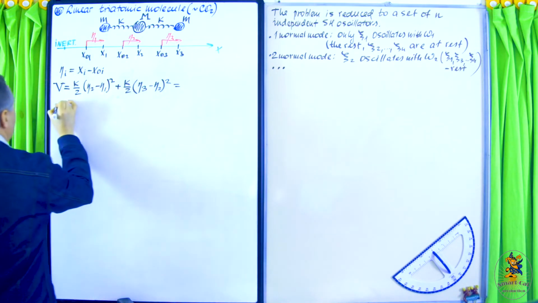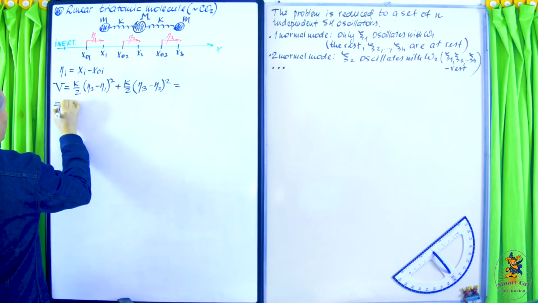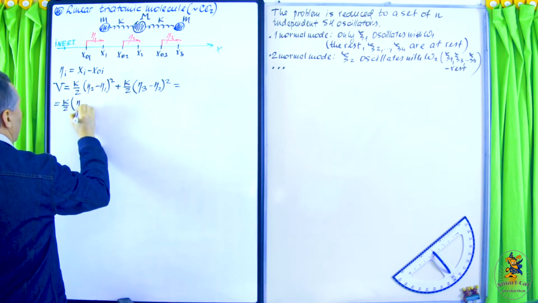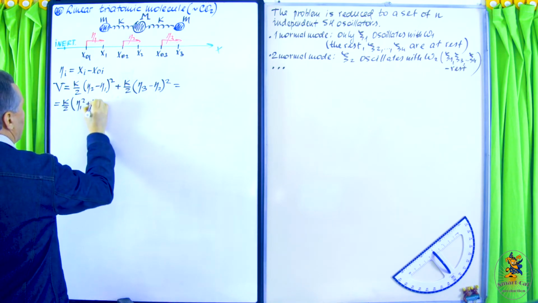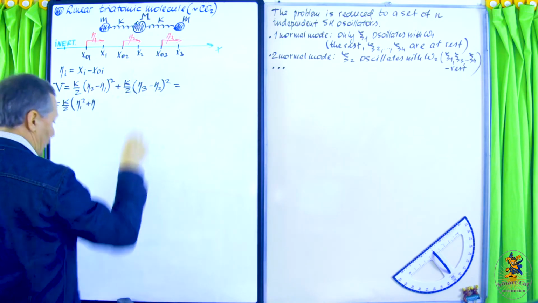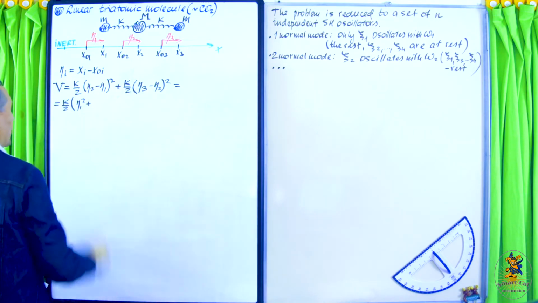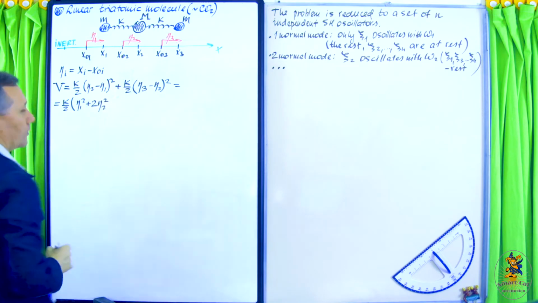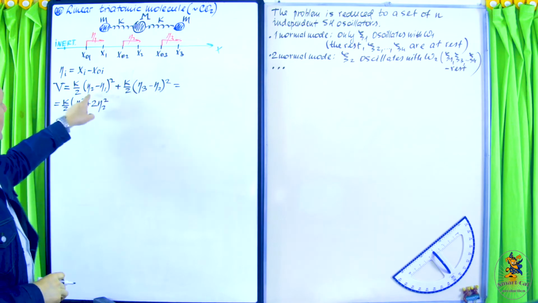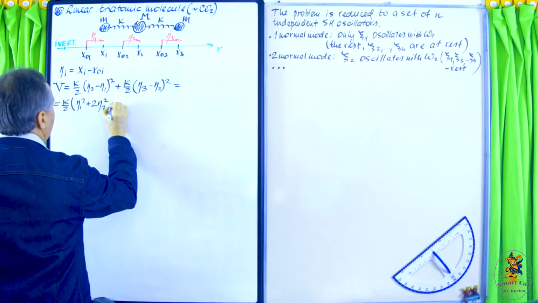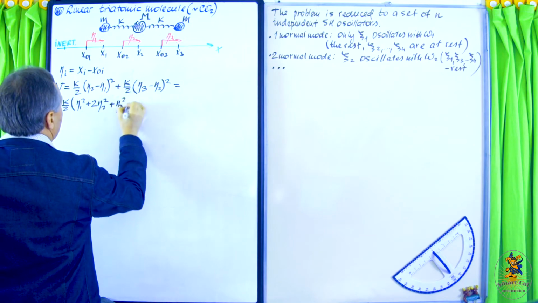Okay, so now let's write explicitly. Let's open brackets. I'll take k over 2 outside. So it will be eta 1 squared plus eta 2 squared twice, since eta 2 is over here and over there, one and one, and plus eta 3 squared.